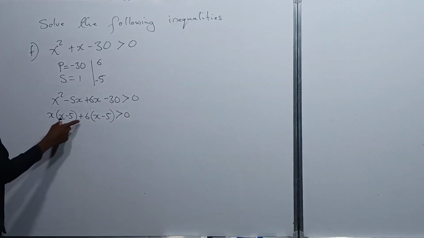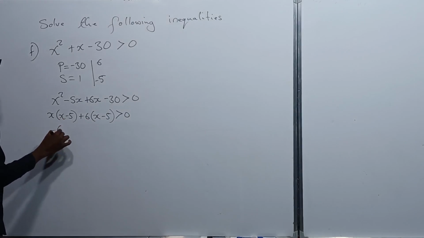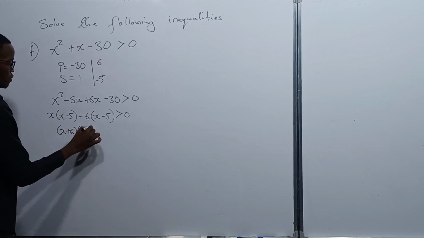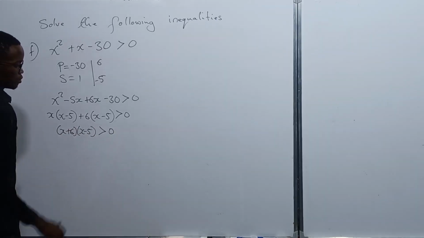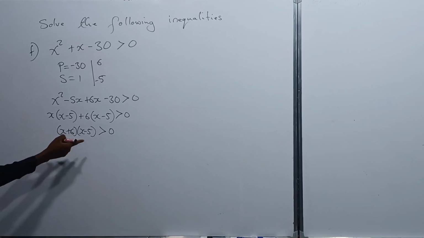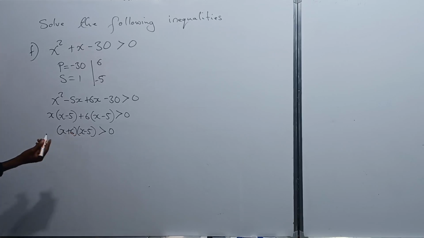So we take the common factor and group the other two: we have x plus 6 and x minus 5, everything greater than 0. At this stage, we equate each factor to 0 so that we're able to find the critical points.